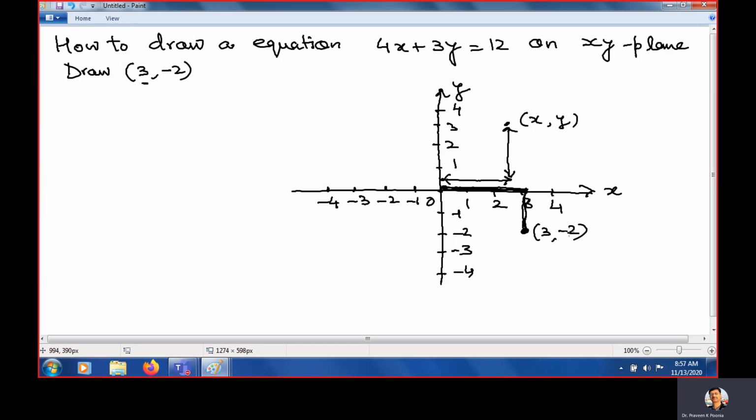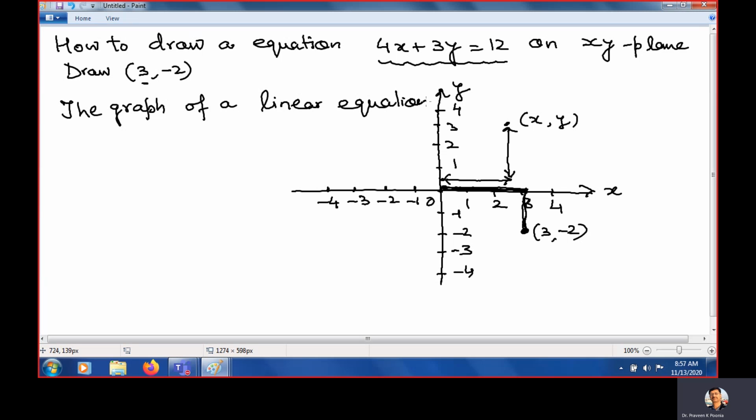Clear? Now another thing is how to find the points. This is the graph of a linear equation. The graph of a linear equation is always a straight line.